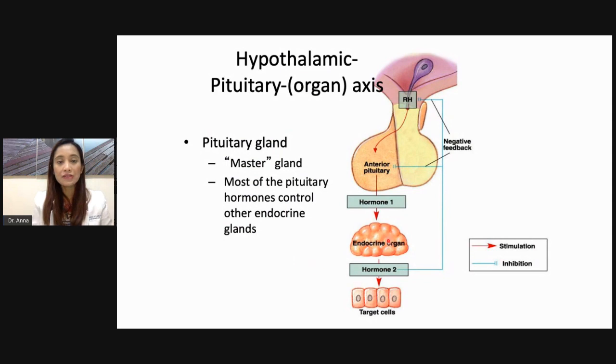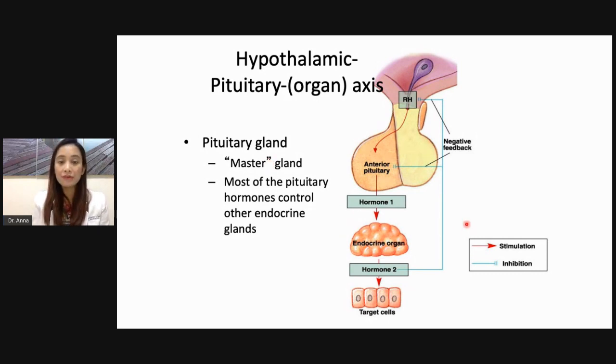So this is an illustration of the general pattern or the general structure of your hypothalamic pituitary end organ axis. And here again, I emphasize to you that the pituitary gland is the master gland, and most of the pituitary hormones control the other endocrine glands.